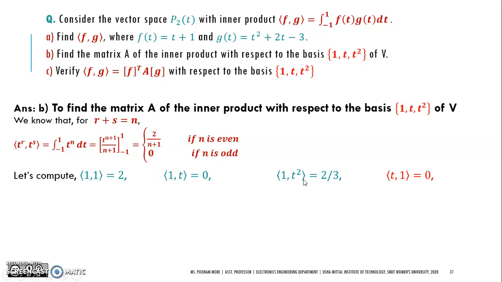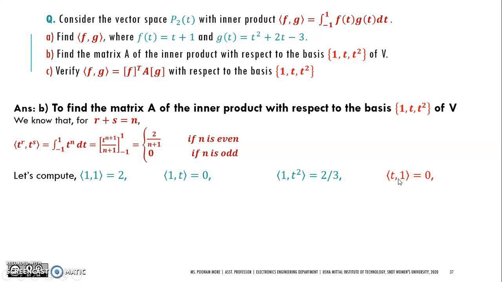Now in this case, the power of t over here is 0 and the power of t over here is 2. So the summation of the powers is equal to 2. As the value of n is equal to 2, which is even, this inner product results in the value 2 by 3 by using this formula.